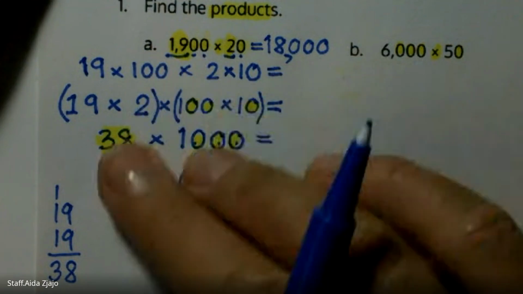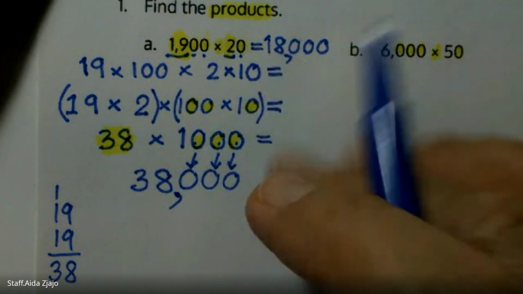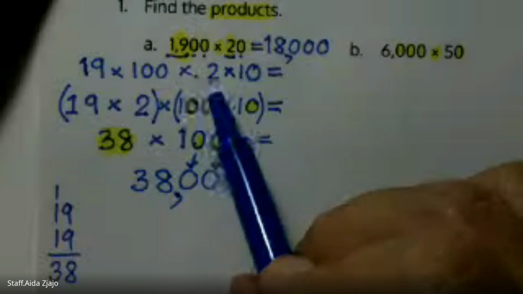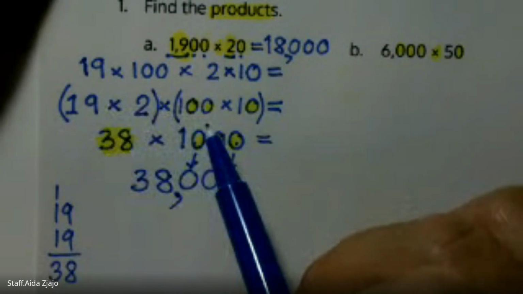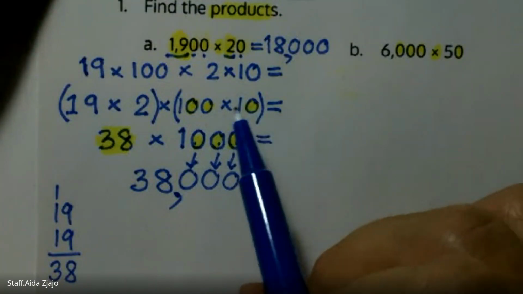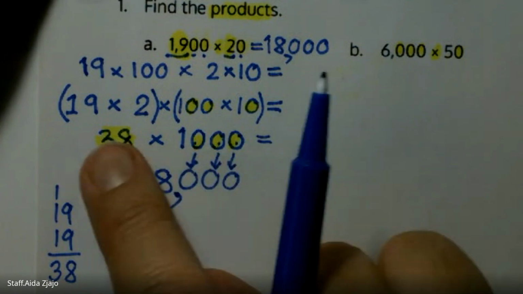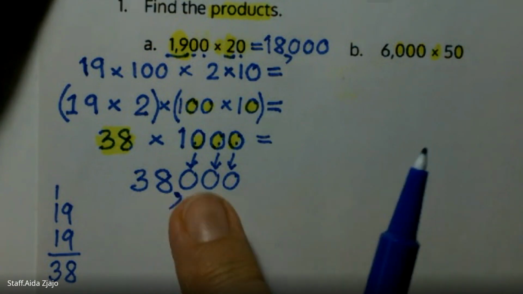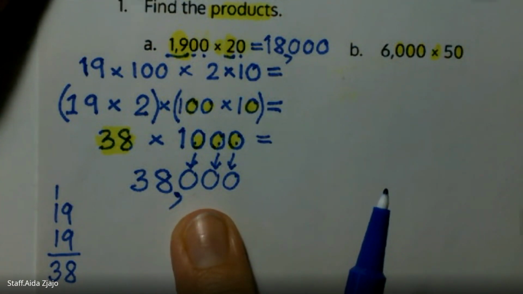So this is the logic, because you can decompose these into multiples of tens and the whole digits, and then you will multiply the numbers with the zeros and get your solution, multiply the whole numbers, and finally get the final product total.